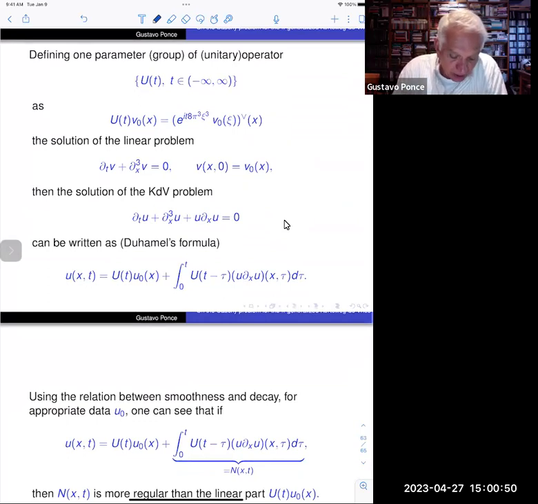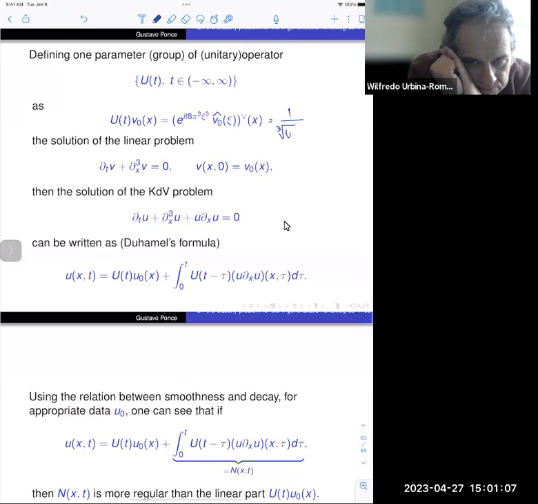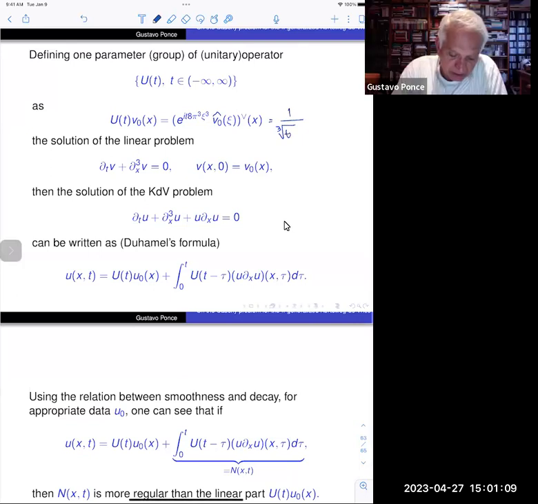Suppose that you write the solution of the linear problem, which is given by convolution with the Airy function.